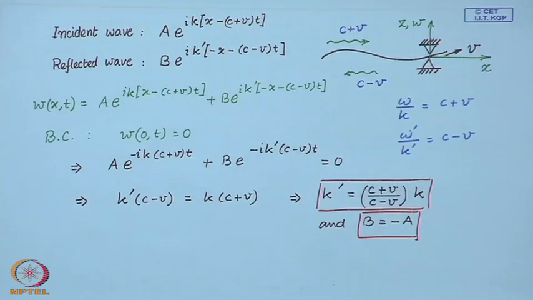So, today we have looked at two examples and we have studied these two examples using the wave propagation solution. First one was the reflection process, collision of bars, by which we understood the reflection process.